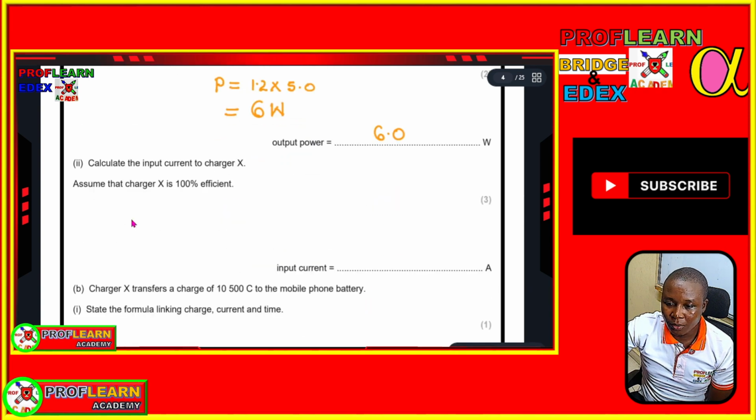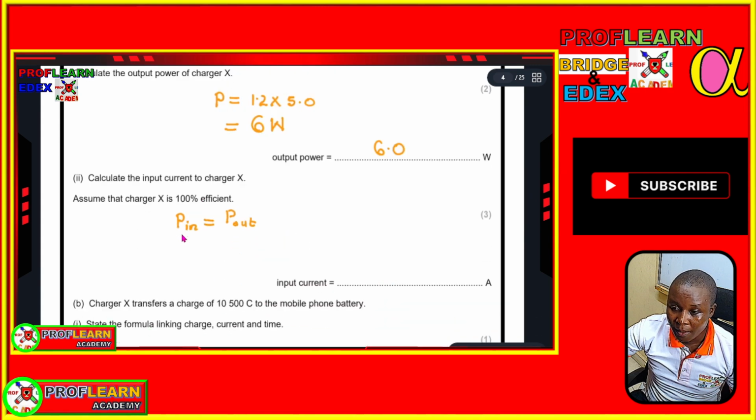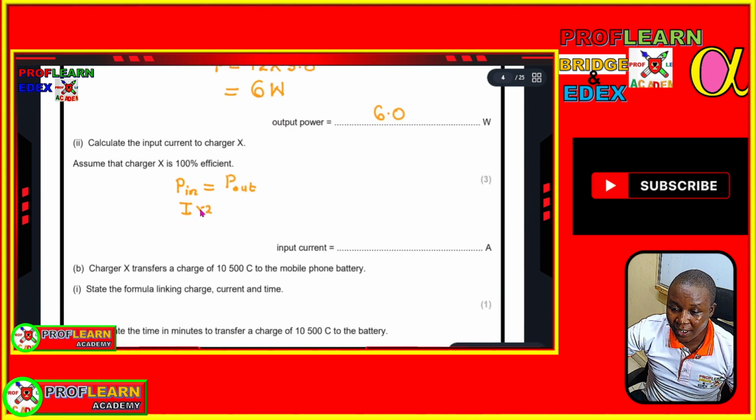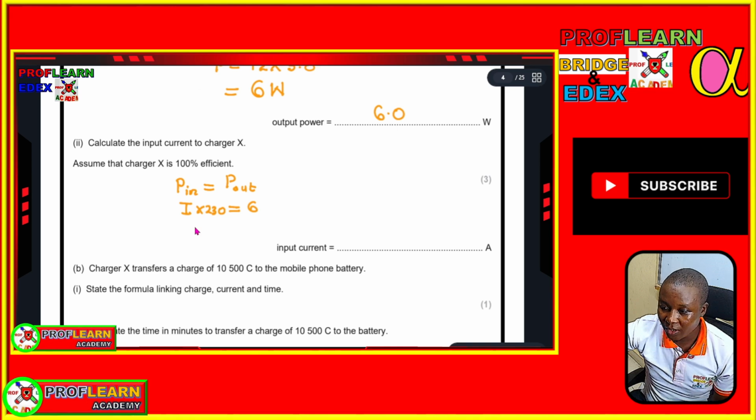The next part, we're supposed to calculate the input current for the charger. But the first aspect that we have to take into consideration is that power input is equal to power output. This is because we are told this transformer is 100% efficient. So power in is equal to power out, but power in is the current in times the input voltage, and we have the power out from the previous calculation, which is 6.